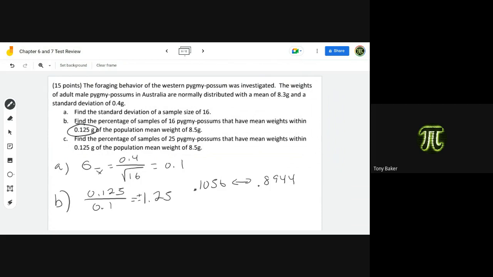And since I want between those two, I'm going to subtract. So for B, it's 0.7888. And actually, this one asks for a percentage, so it's 78.88%.